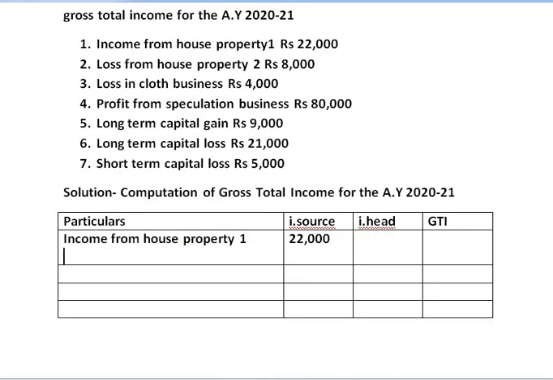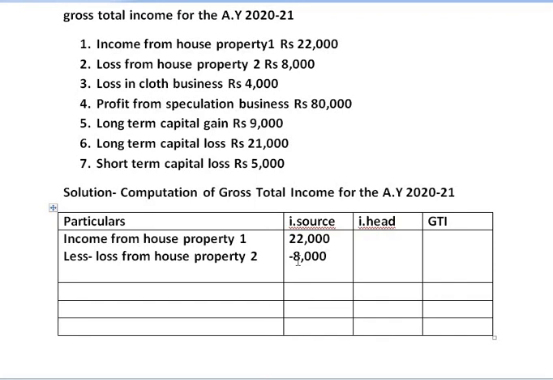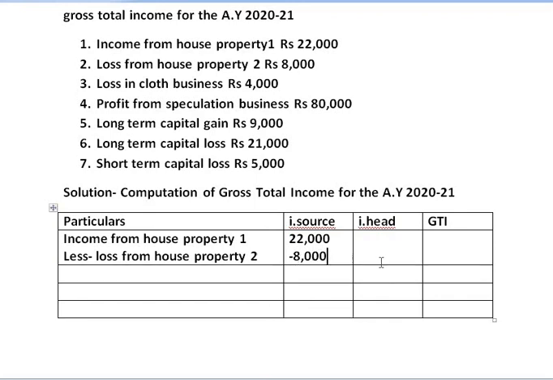From this we have to deduct the loss from house property 2, which amounts to rupees 8,000. So deduct 8,000 from 22,000. The balance that we get here is 16,000. This 16,000 is directly taken to the gross total income column.